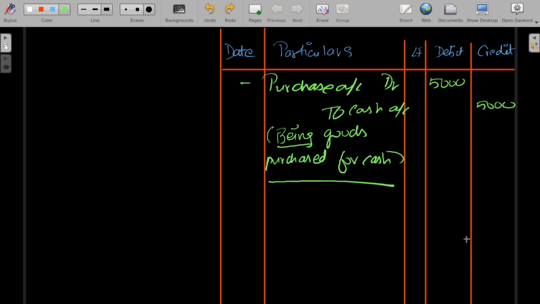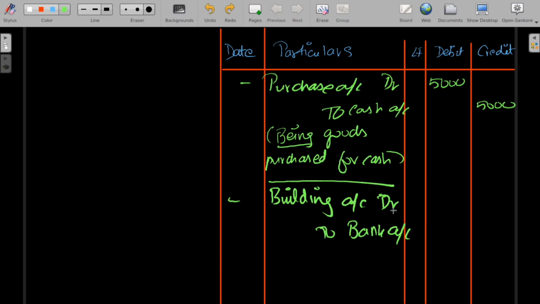The entry for the second sum would be building account debit to bank account. Suppose you're buying the building and paying by cash, then instead of bank account, you would be putting cash account.